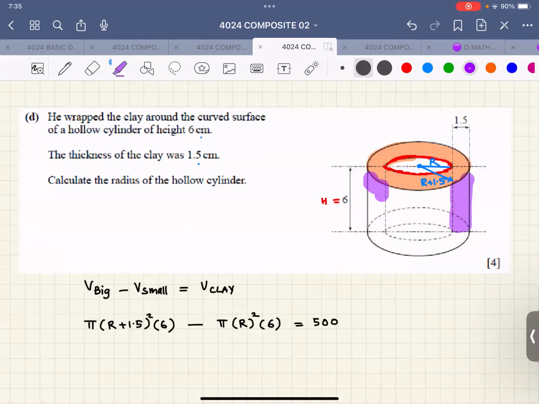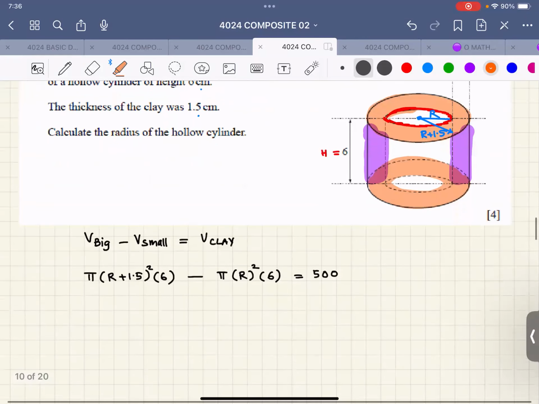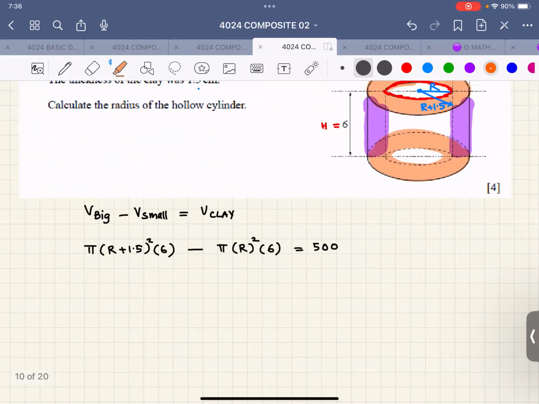And that's how it is used. And this orange thing is all the way over here. So all this goes in this. So it's volume of big cylinder minus volume of small cylinder. So what should I do now? Let me take pi common.